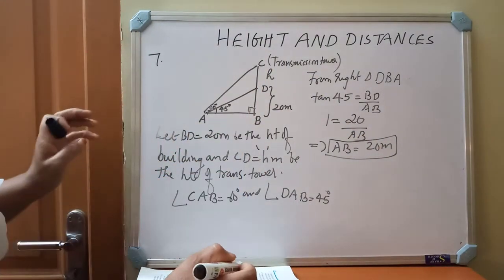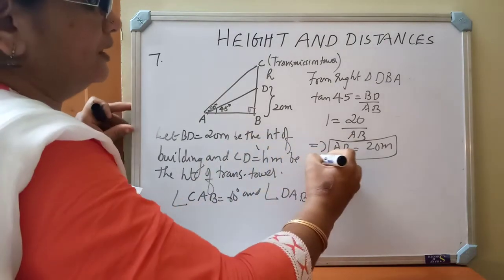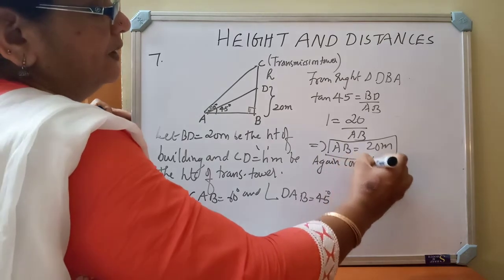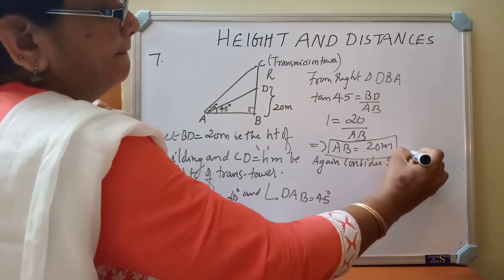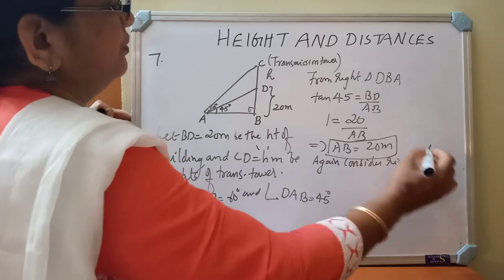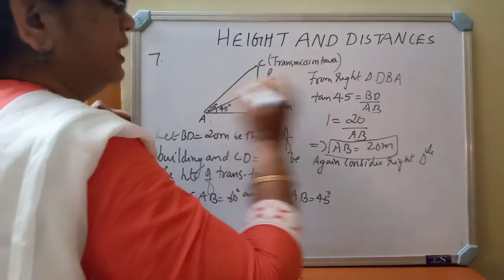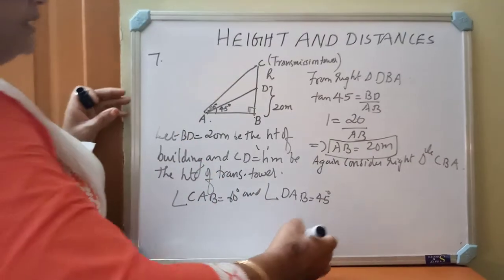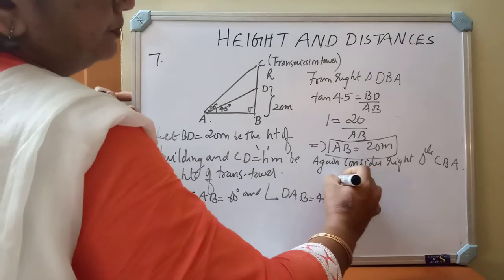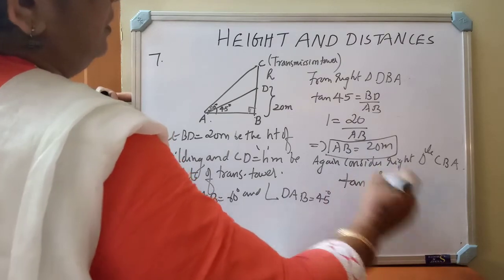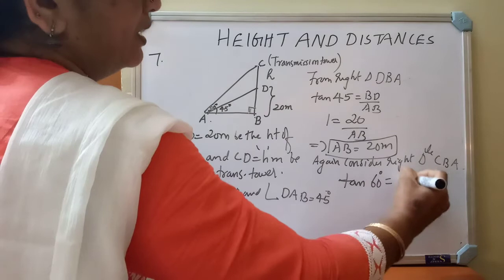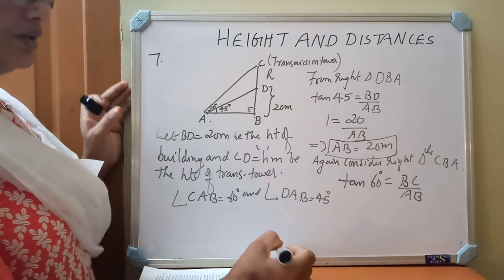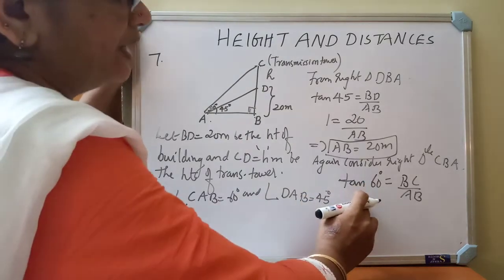Okay, let's again consider right triangle CBA. Tan 60 is equal to BC divided by AB. Tan 60 is equal to BC by AB. What is the value of tan 60?